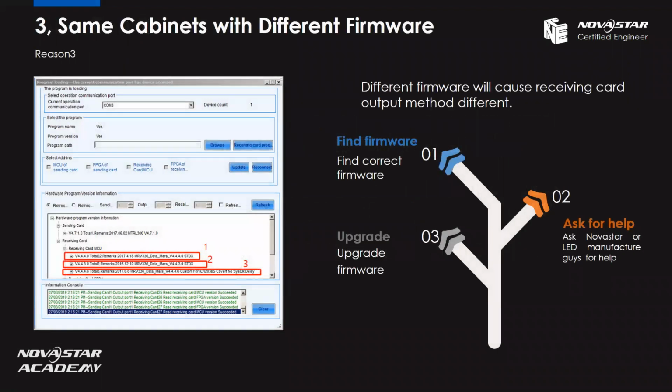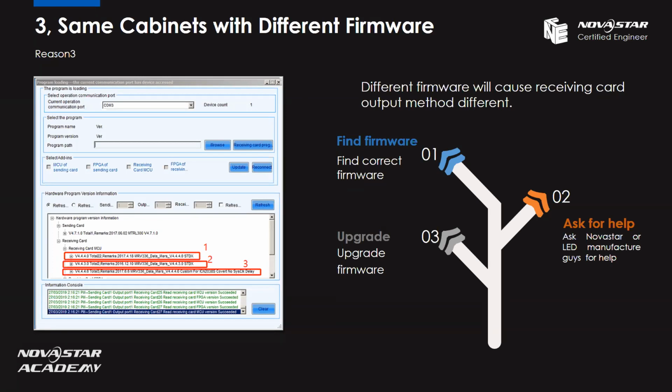And the third possible reason is the same cabinets with different firmware. Actually, different firmware may also cause the different brightness issue, because the instructions in different firmware may be different. So we need to find the correct firmware.